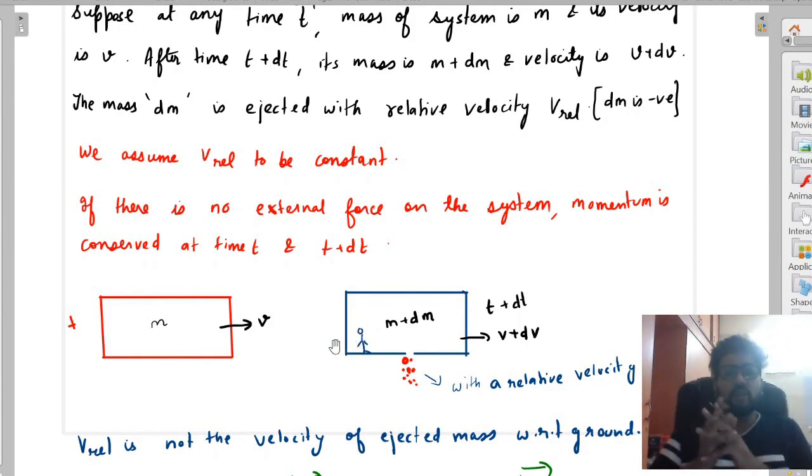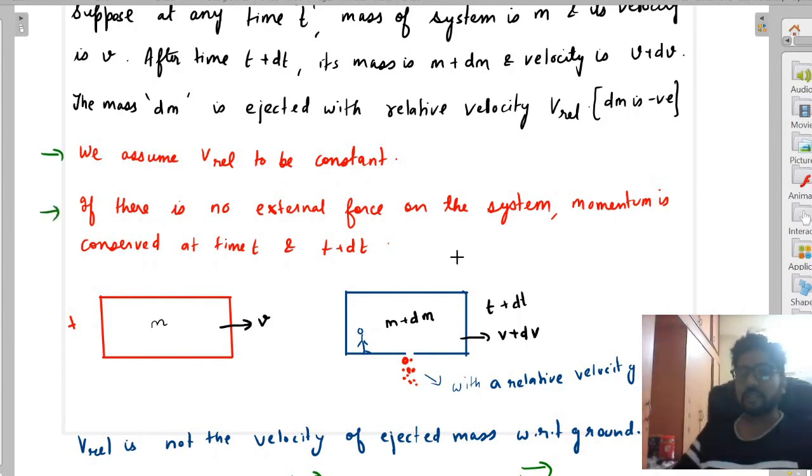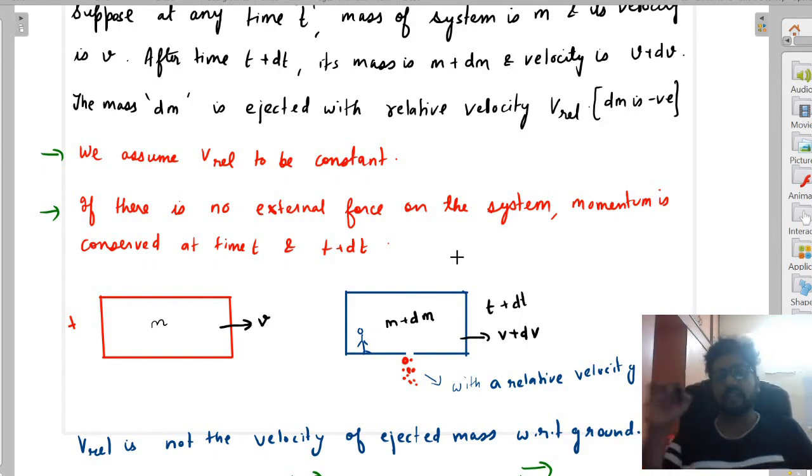Okay, so we assume one more thing for deriving that, which is that v relative is constant. Now if there is no external force on this system, while deriving we will take that there is no external force on the system, although the final formula that we will get is valid for any situation, whether there is external force or not.